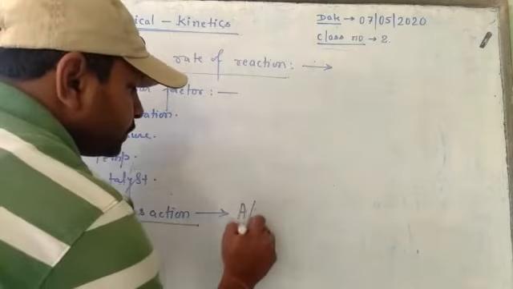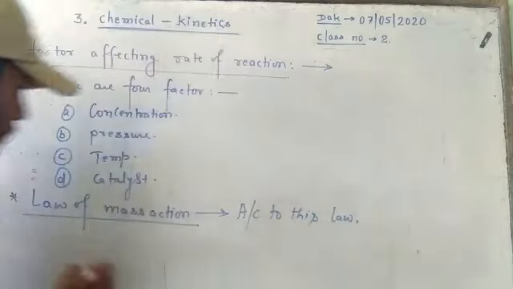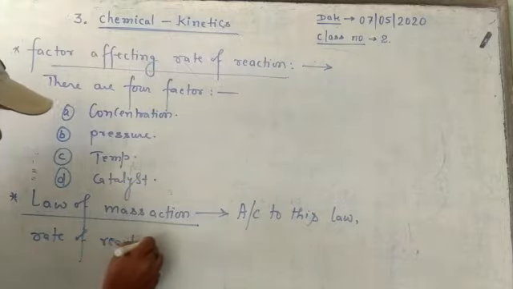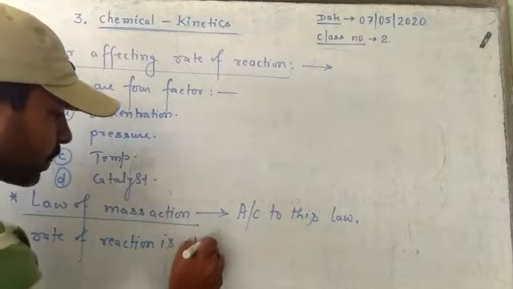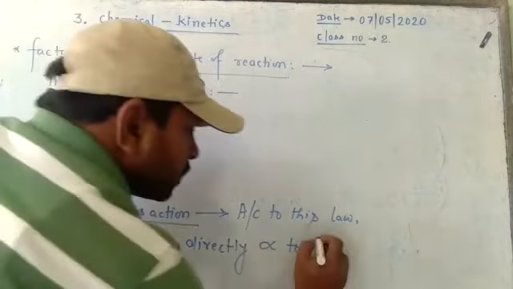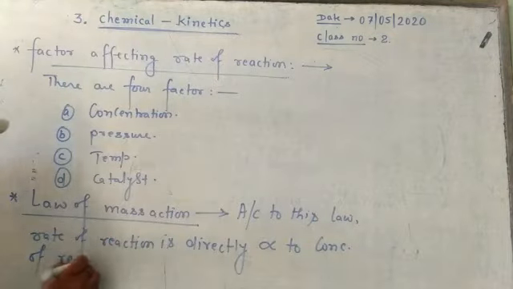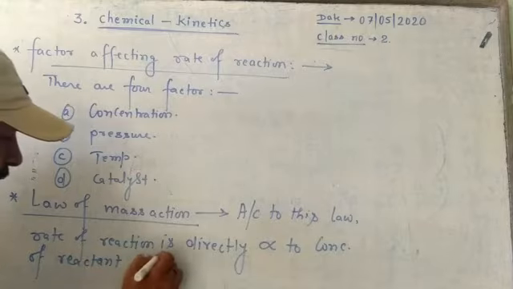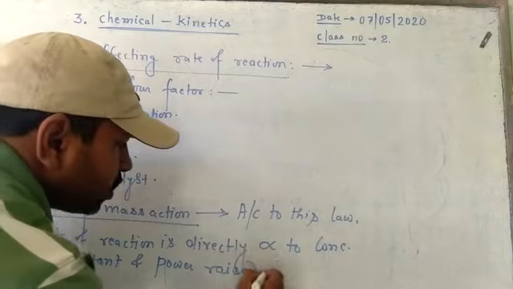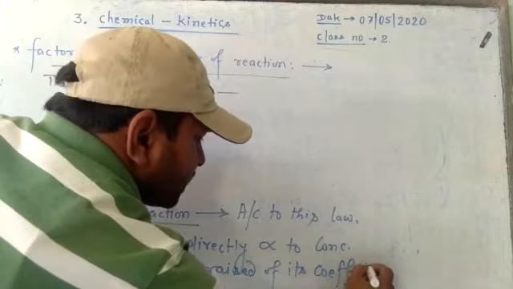According to this law, the rate of reaction is directly proportional to the concentration of reactant raised to the power of its coefficient.